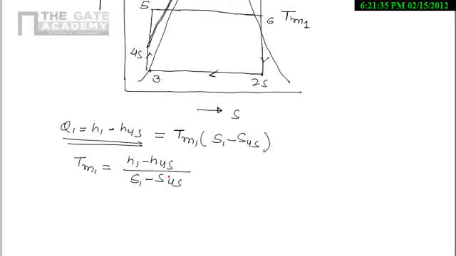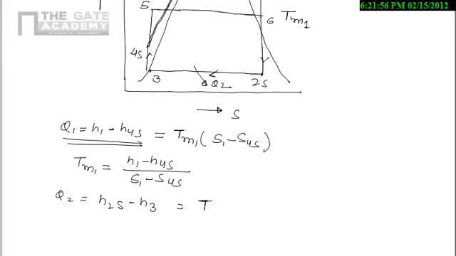Similarly, we can also find Q2, that is the heat rejected. Here we are rejecting heat, that is Q2. Again we have to take the enthalpy difference, that is H2s minus H3.